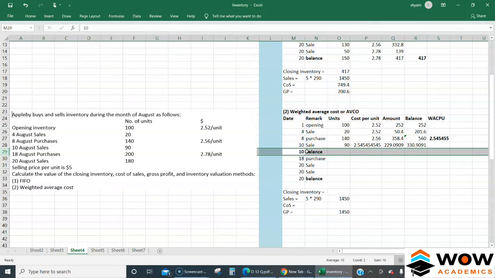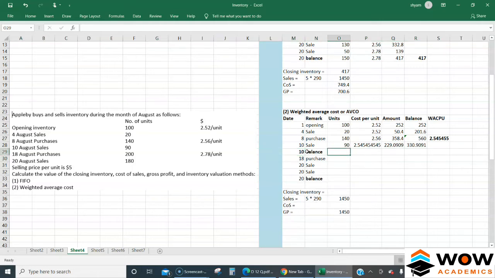Okay, first we'll balance it. So how many units do we have in hand in total? 100 minus 20, 80. 80 plus 140 is 220. 220 minus 90 comes to 130.